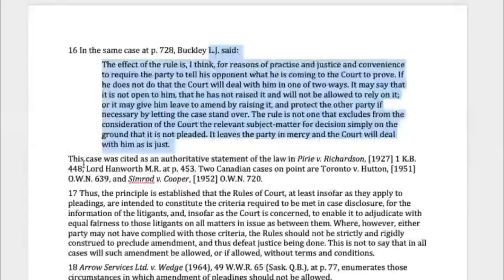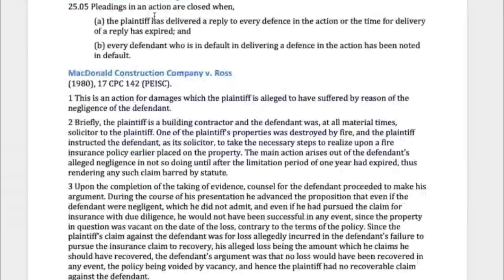The close of pleadings. Oh yeah, 25.05, right? Pleadings in an action close when the plaintiff has delivered a reply to every defense in the action, or has run out of time to do so, and every defendant is in default, which we won't get to.